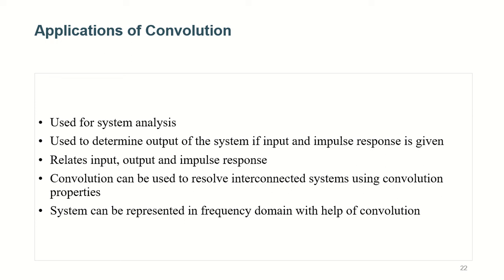Then you can determine what will be the output, and we are just about to do the very same thing in this lecture. So just be with us and let's see what happens. The third point is that it relates input, output and impulse response.